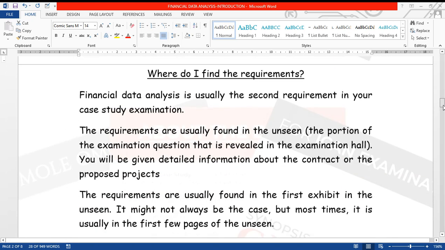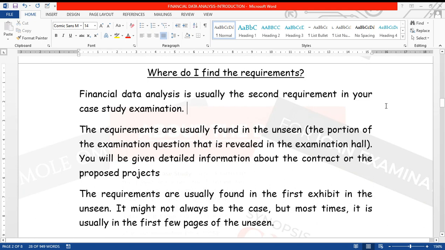Now, the big question is, where do you find the requirements? How do I even know that I'm doing financial data analysis? Just like I said in the previous video on financial statement analysis, if you have not watched that video, please make sure you watch it. Financial data analysis is usually the second requirement in your case study examination.